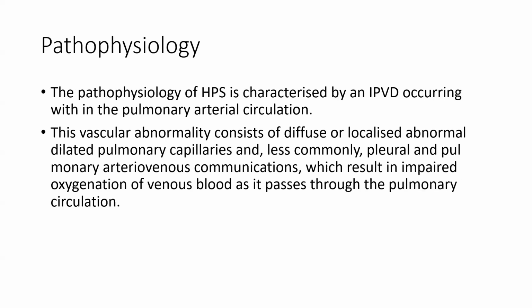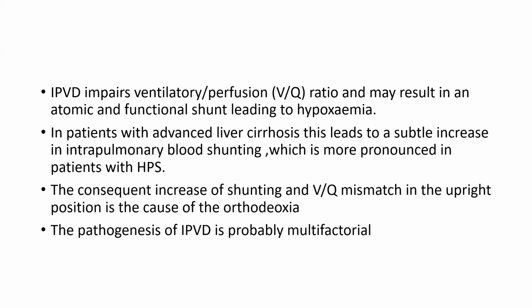The pathophysiology of hepatopulmonary syndrome is characterized by intrapulmonary vascular dilatation occurring in the pulmonary arterial circulation. The vascular abnormality consists of diffuse or localized abnormally dilated pulmonary capillaries and, less commonly, pleural and pulmonary arteriovenous communication, which results in impaired oxygenation of venous blood as it passes through the pulmonary circulation.